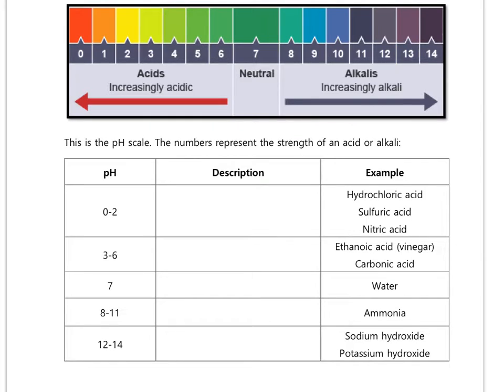So looking back at page 5 now of your notes, we need to fill in the description of our different pHs. So if we have a pH of 0 to 2, that we describe as a strong acid. A strong acid.